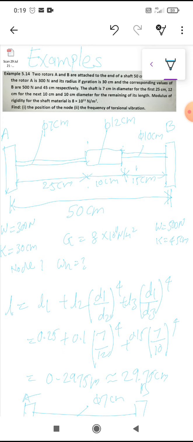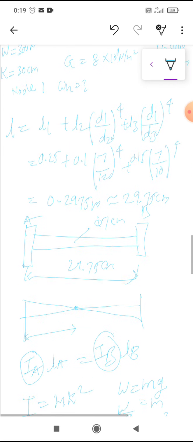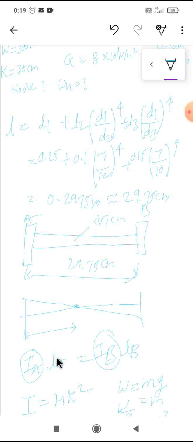To find that, first we converted this whole system into an equivalent system having a single diameter. Whatever the first shaft diameter is, that we take. So we have taken 7 centimeter and found the equivalent length using the formula, that is 29.75 centimeter.